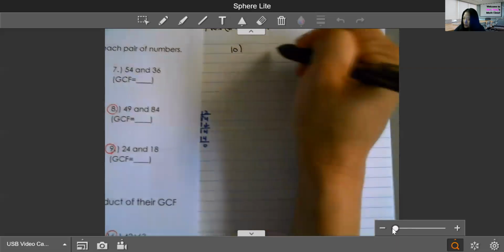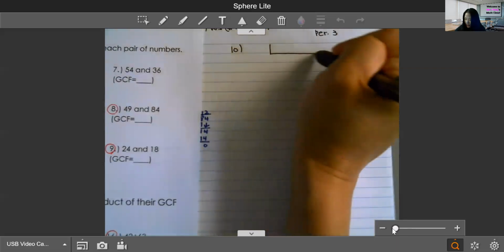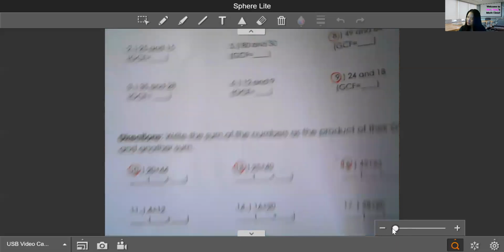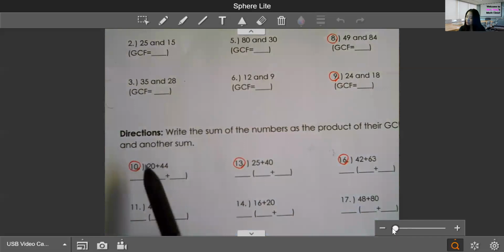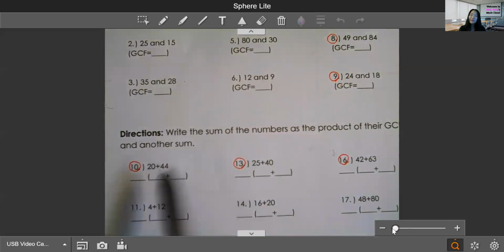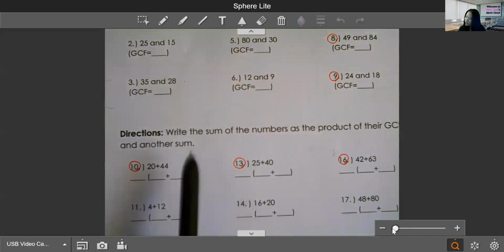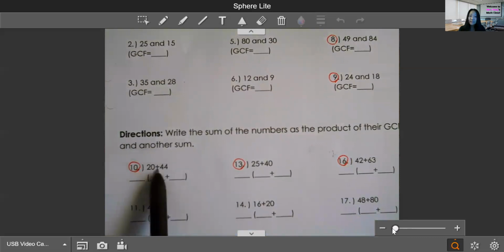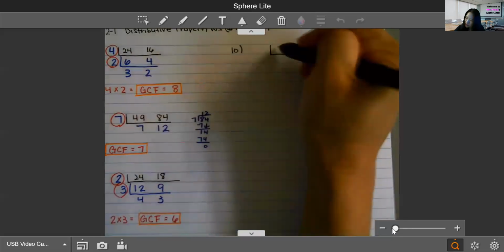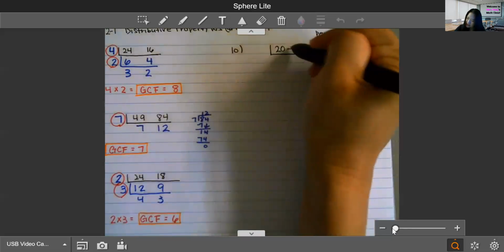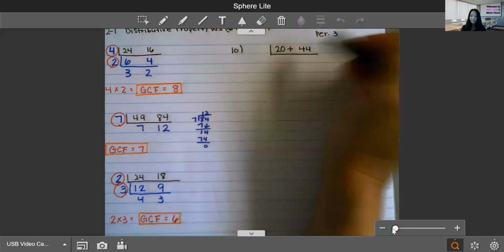And again, I'm going to do the upside down cake, but instead of just writing 24 and 44, I'm going to copy down 20 plus 44. So I'm going to put this addition symbol inside my ladder. So 20 plus 44.